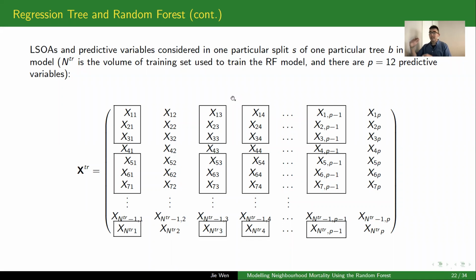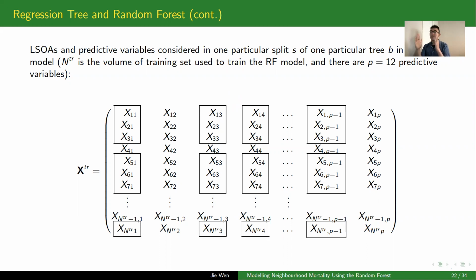For any particular regression tree within the random forest, if we look over the different rows, we see that we only highlight some of the rows. These are the RSOs randomly selected to train this particular tree. And if we look over the different columns, we can see that only 4 columns are highlighted.